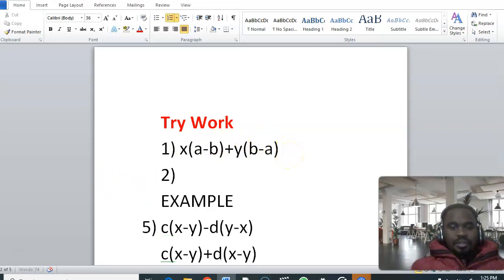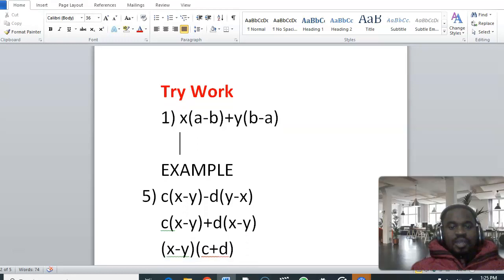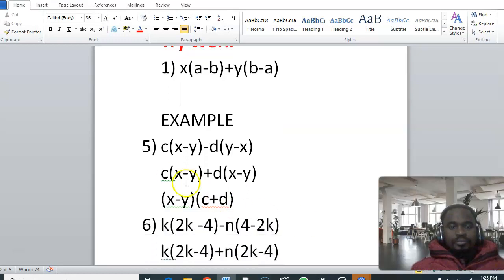Okay, our next example is this one. c into brackets x minus y minus d into bracket y minus x. So this, they are alike, they are not the same. So you are going to have your c into x minus y.